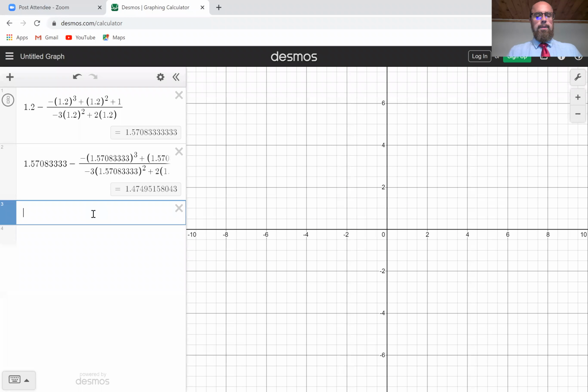So we'll type this in for the first value. So 1.474951, we'll round to 6. So we start with the previous approximation, and then we're going to make our fraction here.